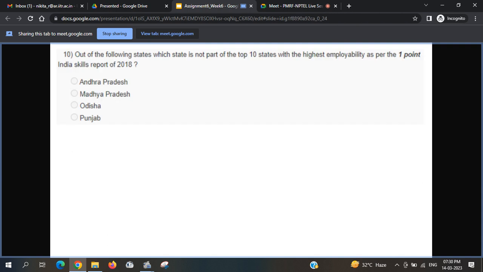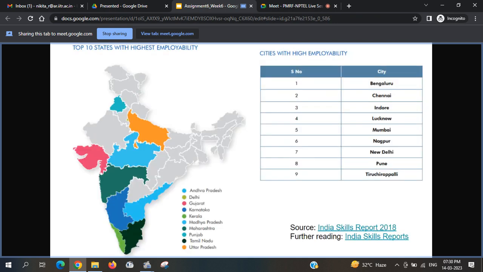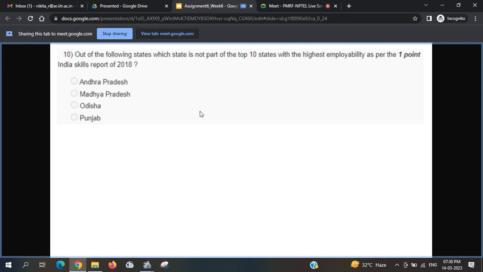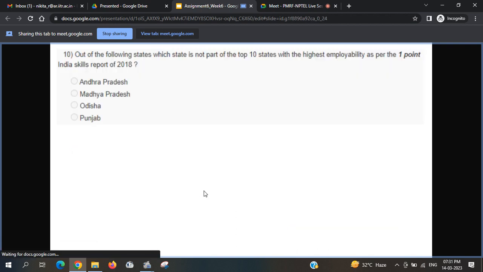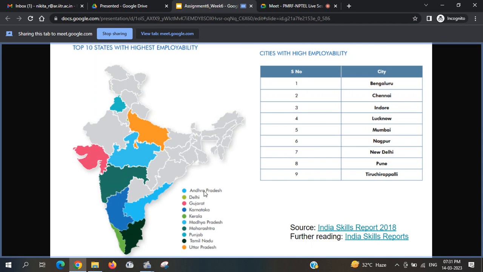Among these, you have to see which of the following four options is not a part of the cities with highest employability. So you can see Andhra Pradesh is a part of the states with highest employability. So Andhra Pradesh is not the correct answer.